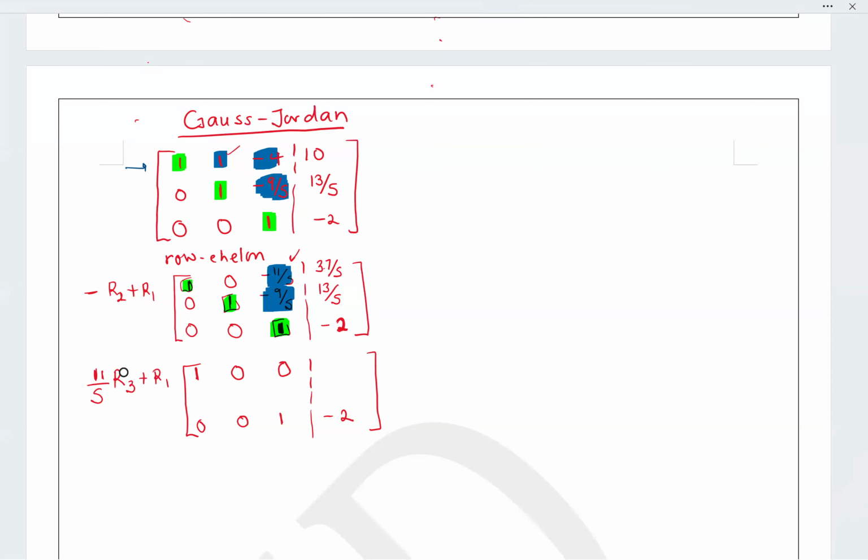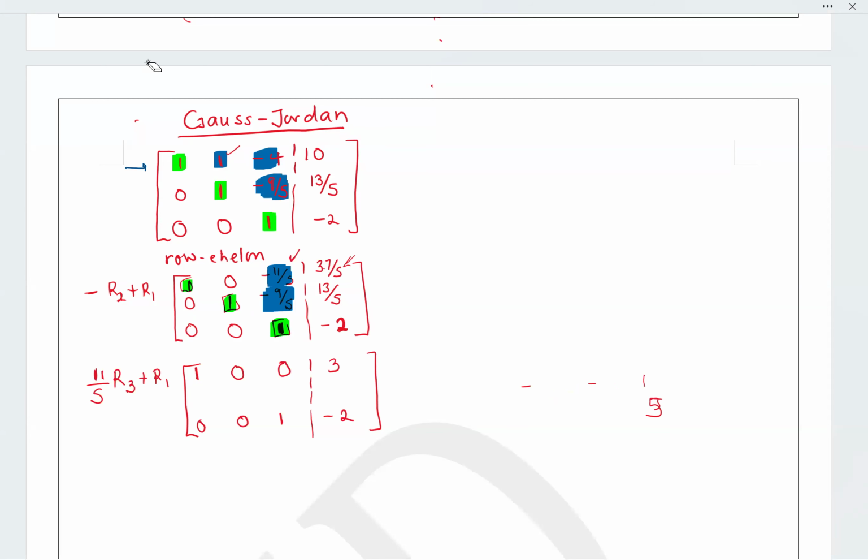This is 0. Then you have 11 over 5 times minus 2, which will give you minus 22 over 5. Then you need to add it to the term here, which is 37 over 5. And if you look at this, it's just going to be 15 over 5, which is what? Which is 3.